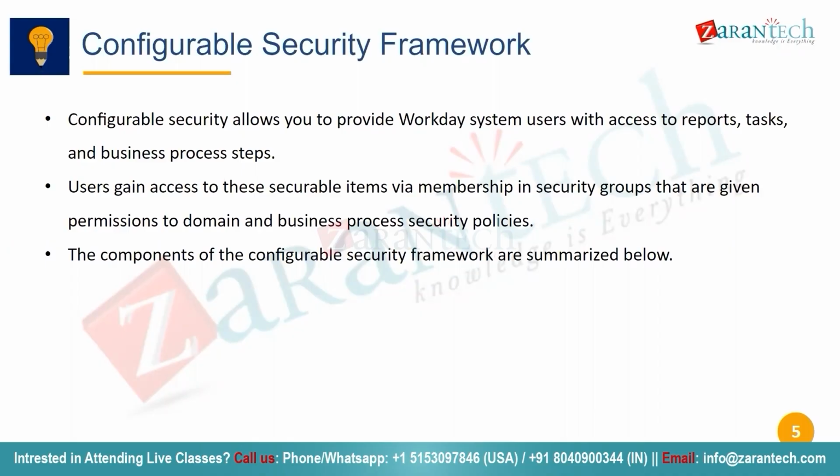So how do we provide access to users? There will be different securable items, and access is given via membership in a security group, which is given a permission to a domain or a business process security policy. So if you are to give a user any access, it will consist of either a domain or a business process security policy.